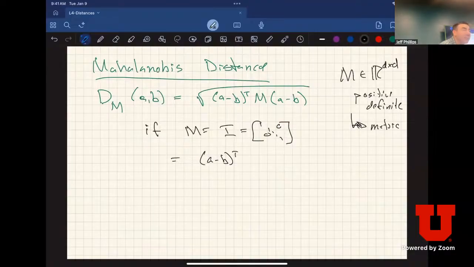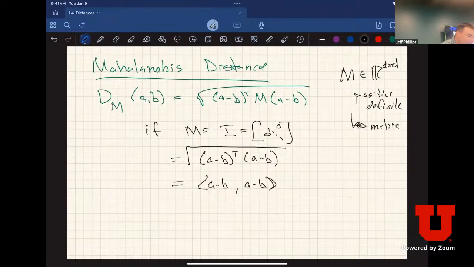The identity matrix does not do anything. These are vector operations, so I'm taking the dot product between A minus B and A minus B, square root.